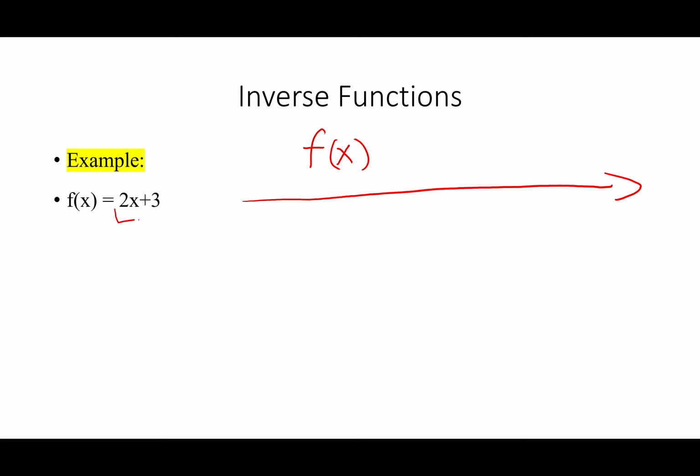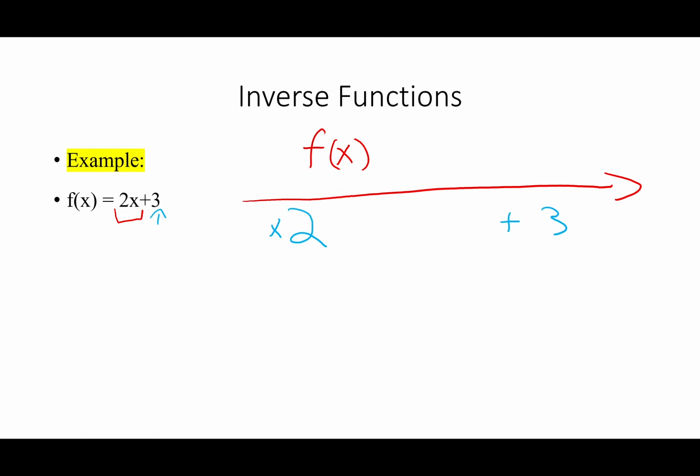If we plugged in a value for x, the first thing we would do is multiply that value by 2. The next operation would be adding 3.